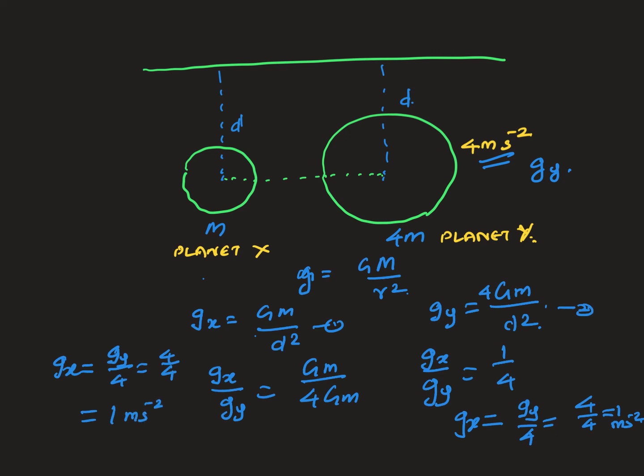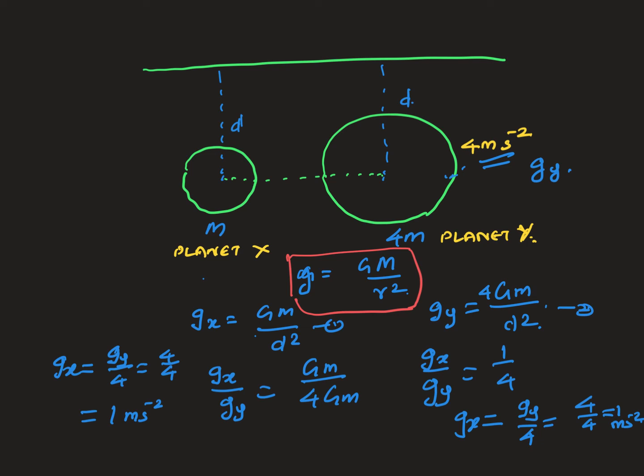From the results, what we see is that this is a big planet with mass 4m, and this is a smaller planet with mass small m. The gravitational acceleration at this point is 4, and we find that for the smaller mass, the value of acceleration is smaller. And this equation will tell us what that value is.